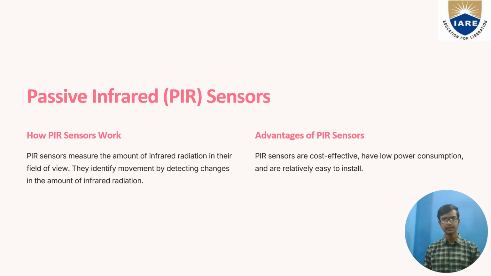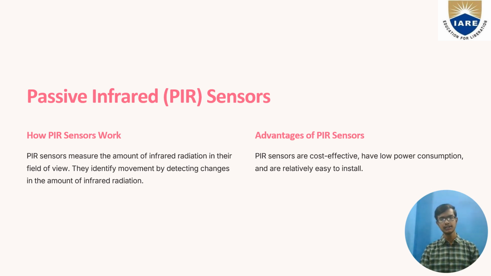They identify movement by detecting changes in the amount of infrared radiation, and then they emit a signal to us. These sensors have the advantage that they are cost effective, have very low power consumption, and are relatively easy to install.